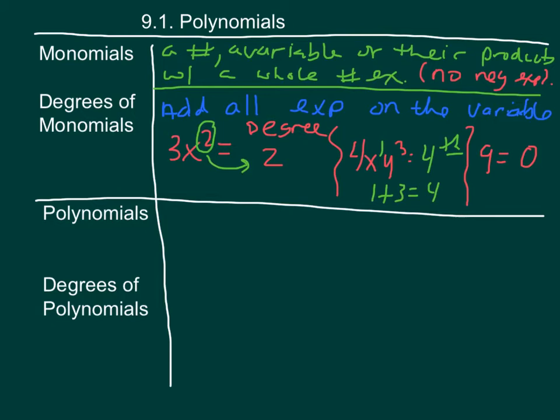Now polynomials are monomials added or subtracted together. Okay, and we have different types of polynomials. Some of them are called binomials, meaning two terms.